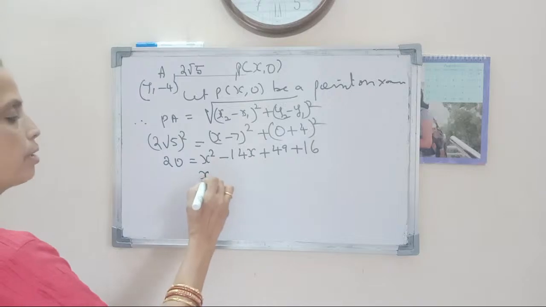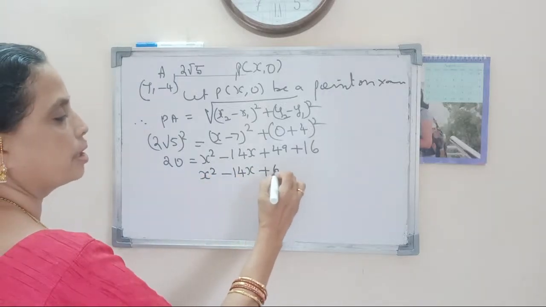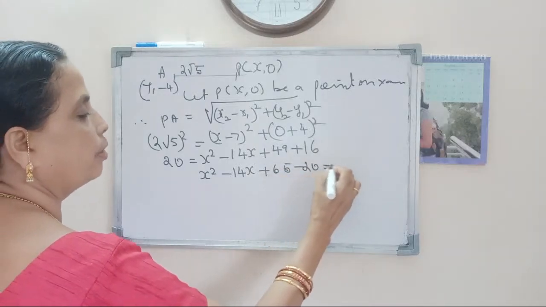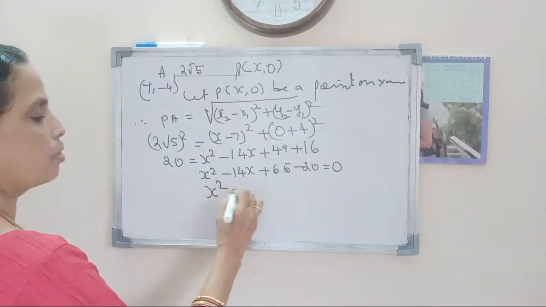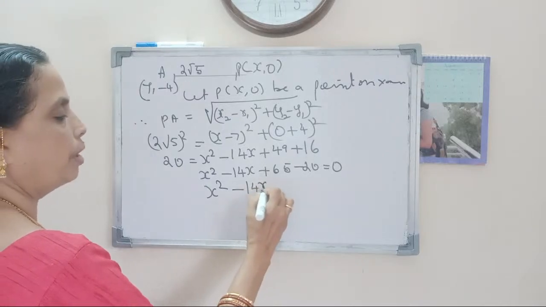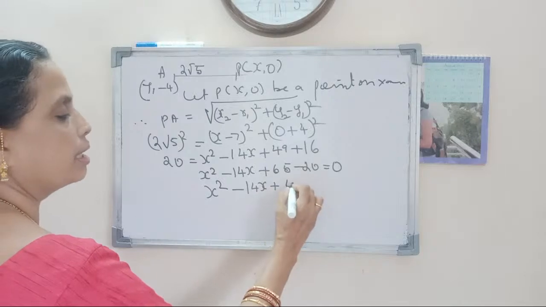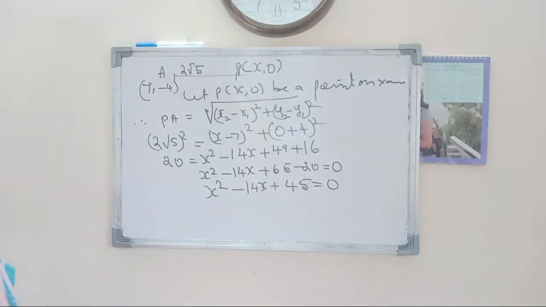Now x square minus 14x plus 65 minus 20 equals 0. Clear? Next, x square minus 14x plus 45 equals 0.